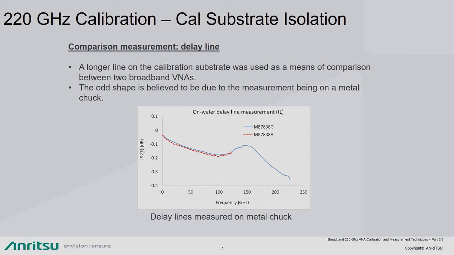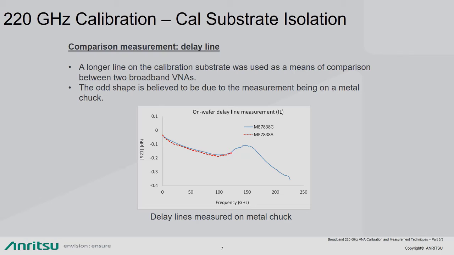If we want to evaluate the calibration of a 220 GHz system, one thing we might do is measure a delay line usually found on the calibration substrate. This can provide insight into the integrity of the calibration since the device is reasonably known.